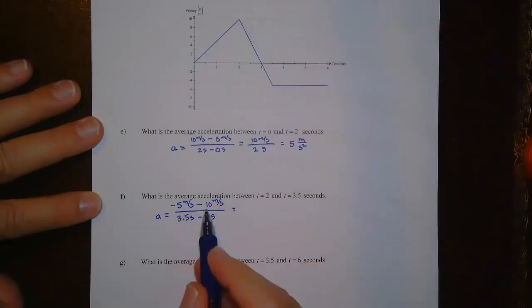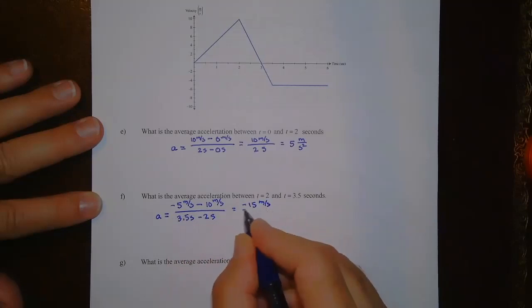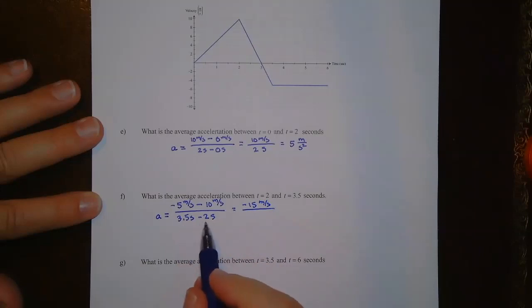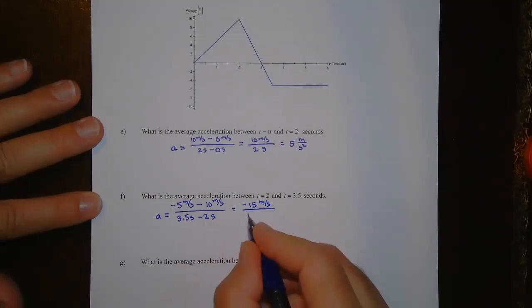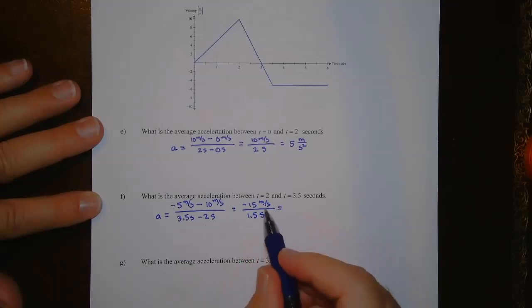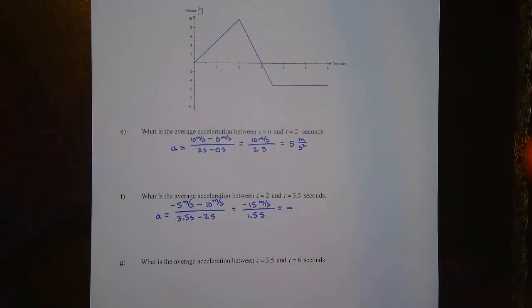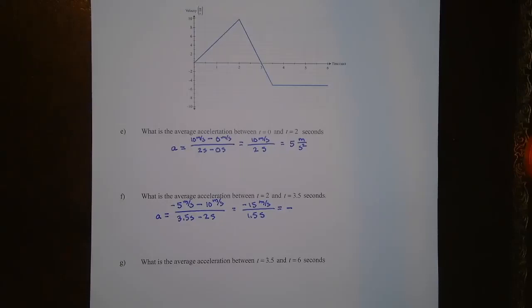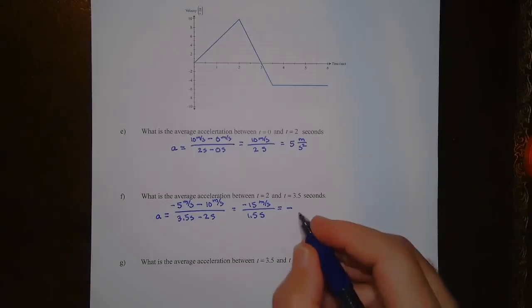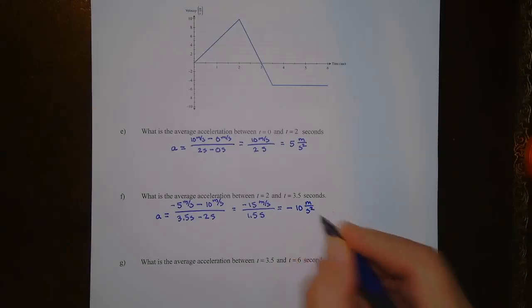And so -5 minus 10 would be -15 meters per second over 3.5 minus 2 seconds, which gives you 1.5 seconds. So that gives you an acceleration where we take negative 15 and divide by 1.5, and that would give us -10 meters per second squared.